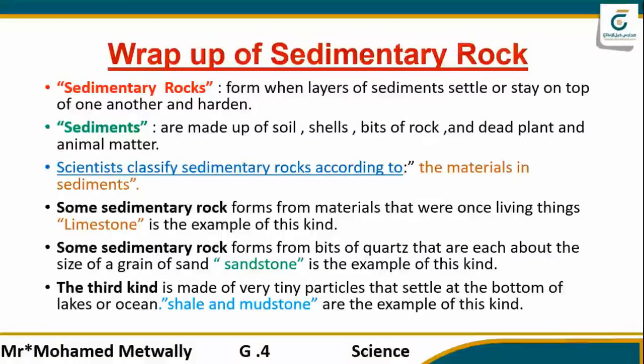Sandstone is formed from grains of sand. So this is the second example of sedimentary rocks. Turning to the third and last example, which is shale and mudstone, which are made of very tiny particles that settle at the bottom of lakes or oceans.